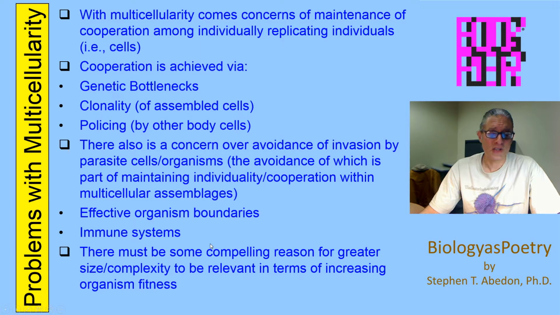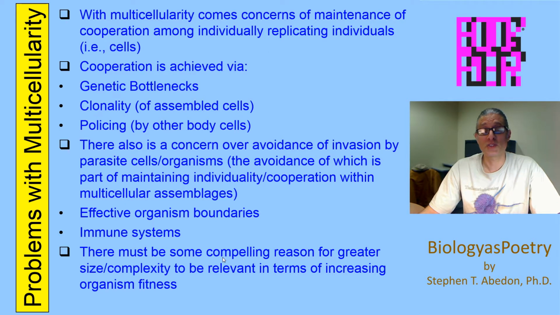But in addition to all of these ideas, there must be some compelling reason for greater size or complexity. And we've been through this idea. In order to have the selection favor an individual that in fact is larger or more complex, there have to be benefits associated with that larger size or complexity.